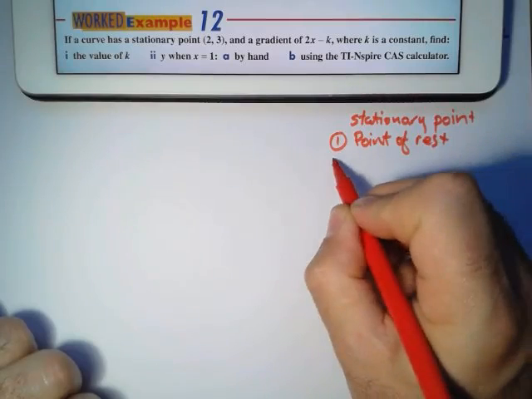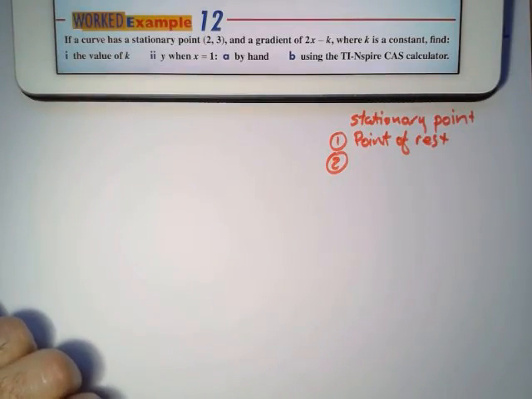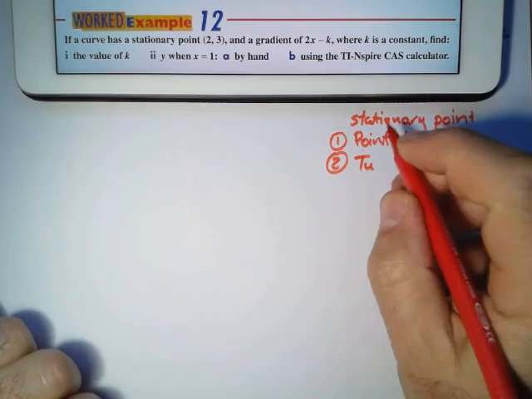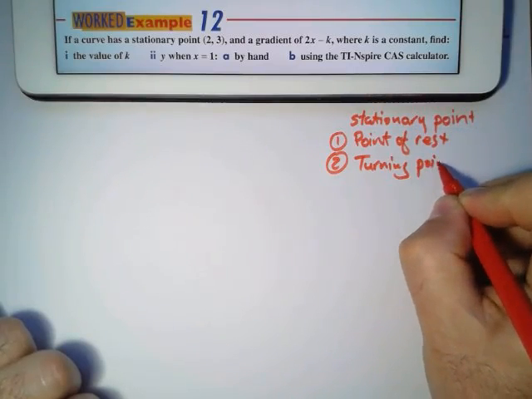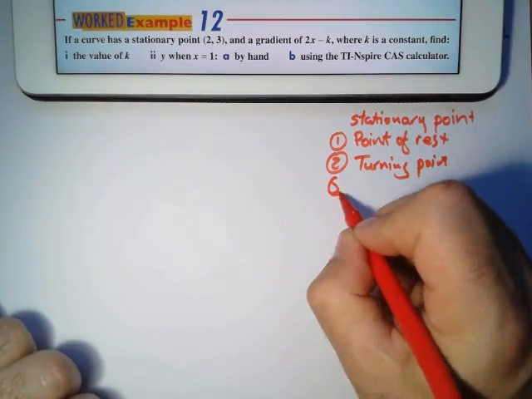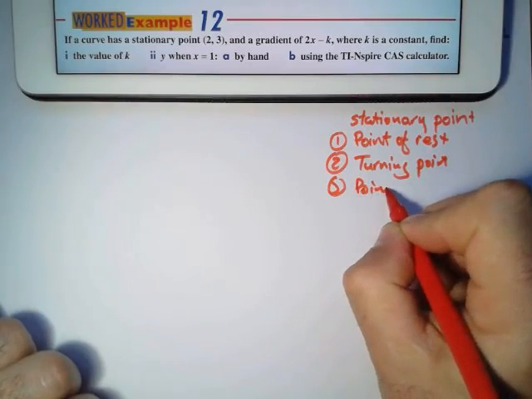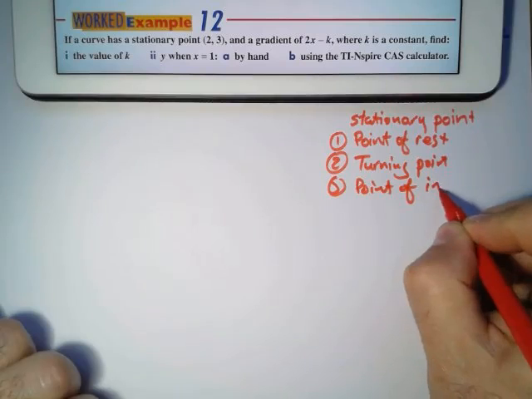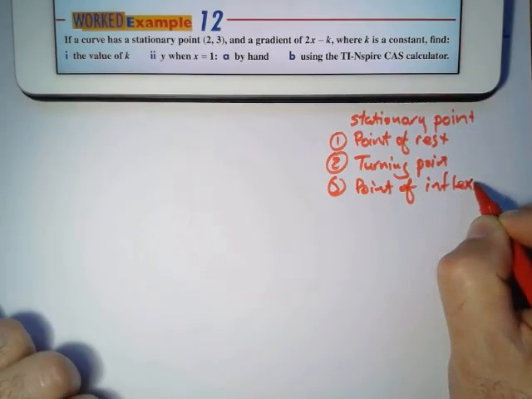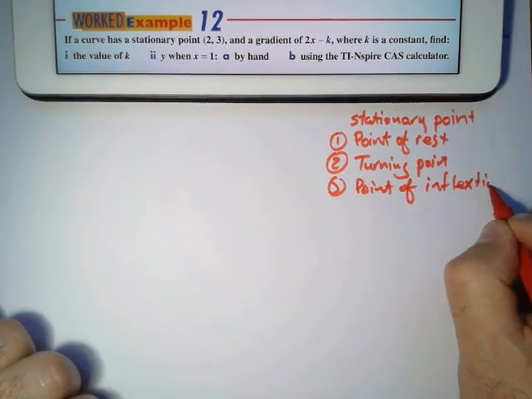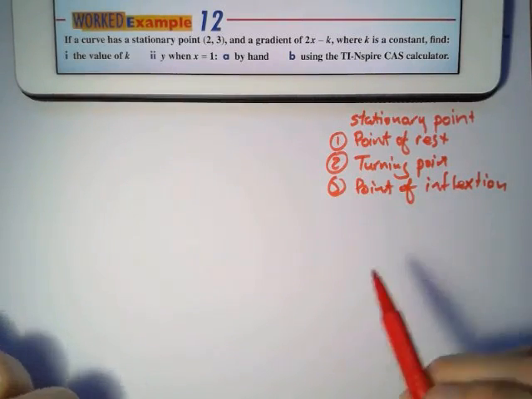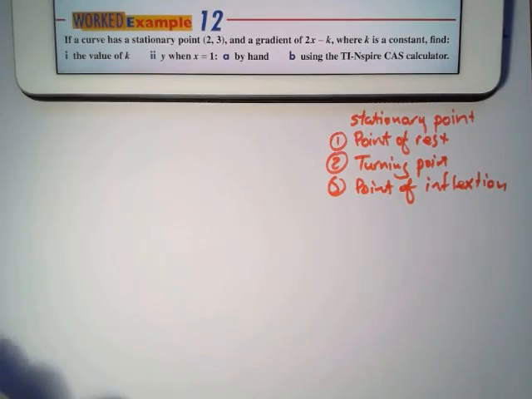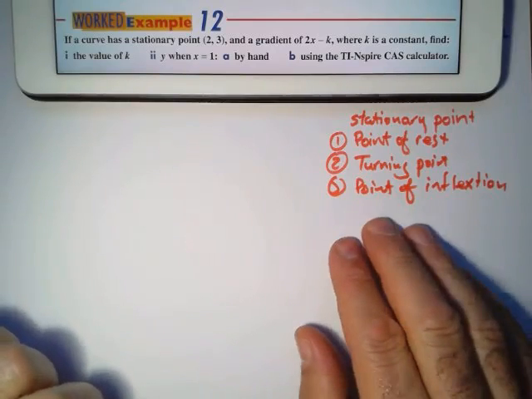It can also be usually a turning point, so it's either a turning point or it can be a point of inflection. Okay, so stationary point is a point of rest, a turning point, a point of inflection, any one of those, we know what that is.